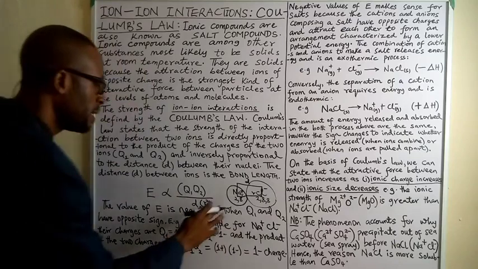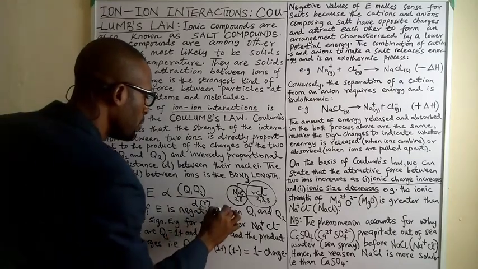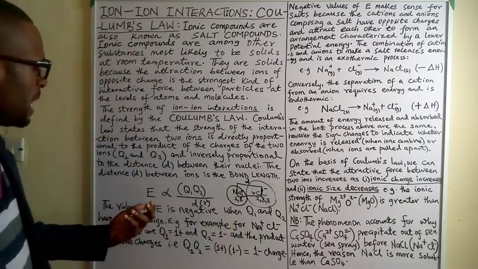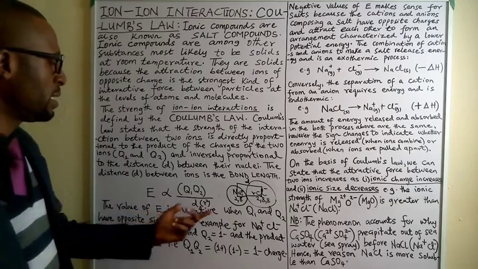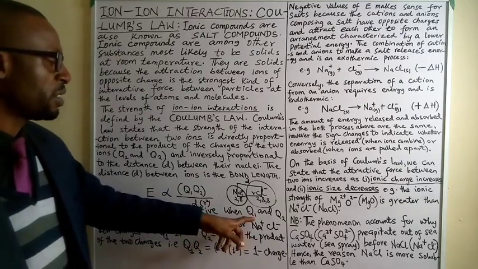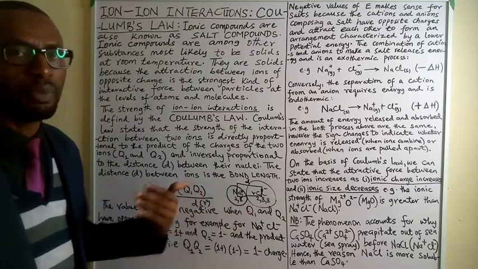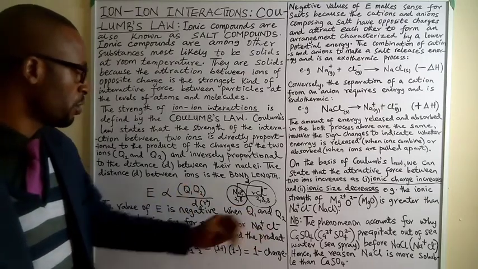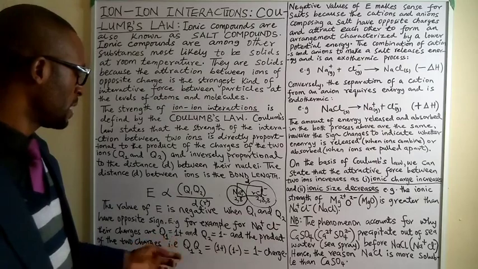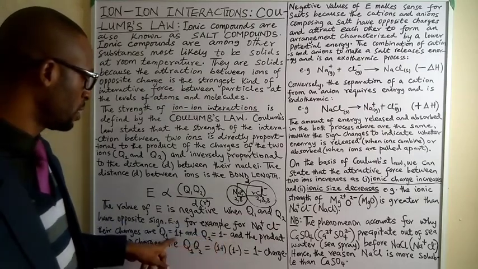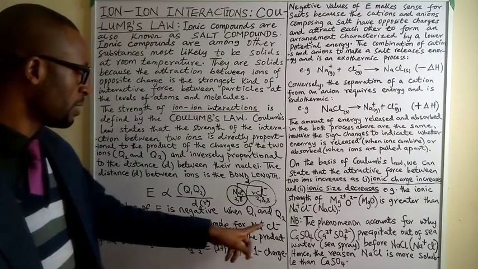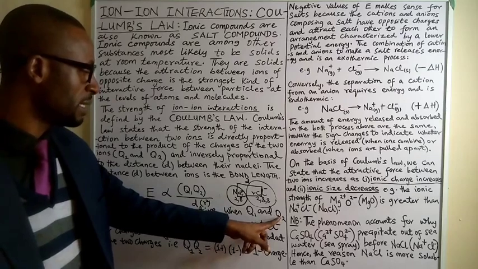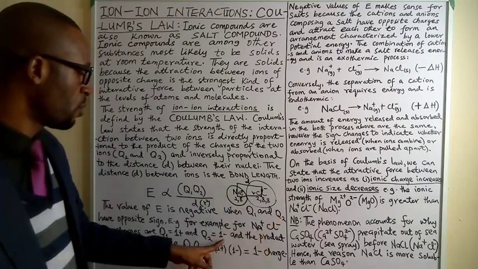Another thing I'm going to mention as I proceed is that the value of E is negative when the two charges are opposite. Take, for instance, sodium chloride: sodium is 1 plus, and chloride, the second charge, Q2, is 1 minus.